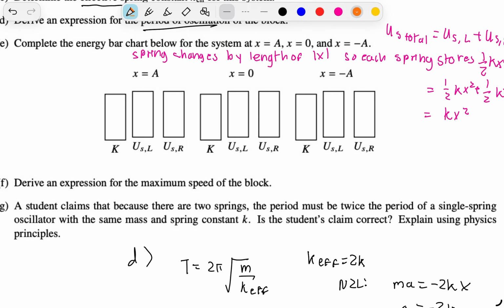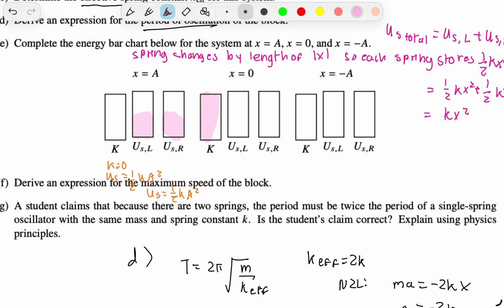What about x is equal to a? So k is 0. Now what about the left spring? We have the right spring. So we have these both. So here, if we have x is equal to 0, they're both at natural length.